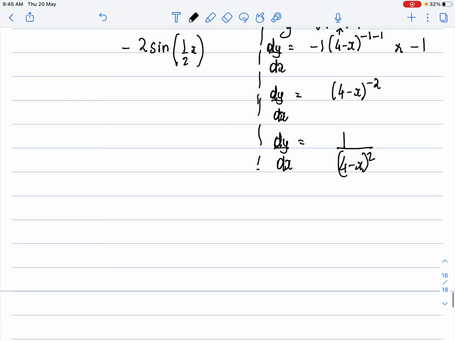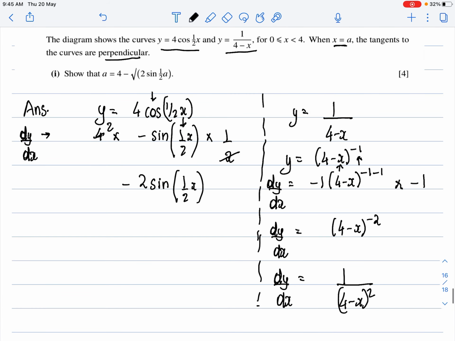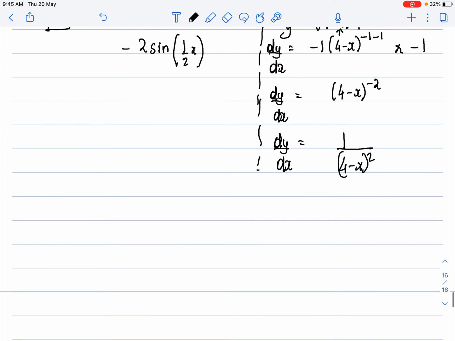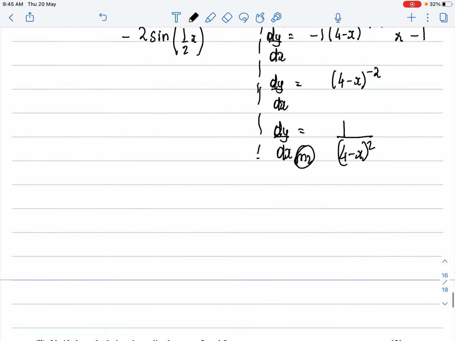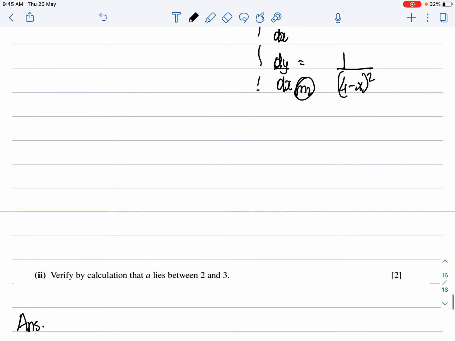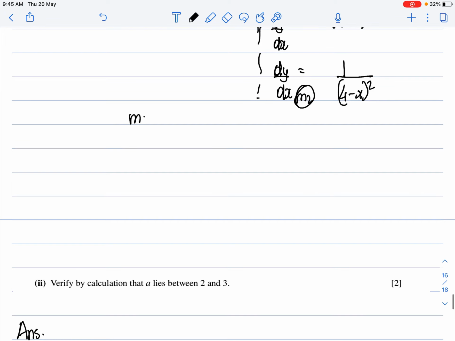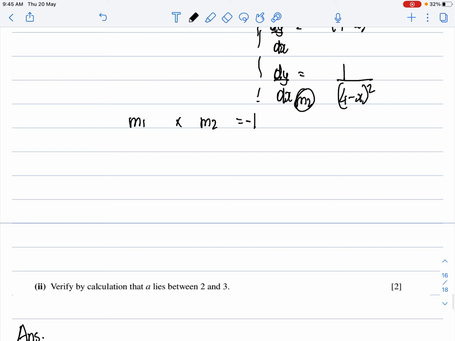Got it? So now I need to know that the differentiation for this is m1 and the differentiation for this is m2. Now they have told us that the tangents of the curves are perpendicular. If the tangents are perpendicular, I can say that m1 into m2 is equal to minus 1, if you remember your perpendicular theorem from IGCSE or AS.